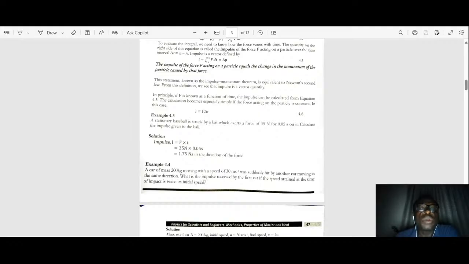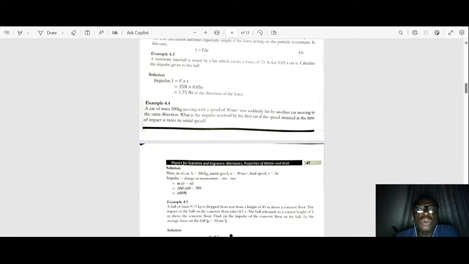So there are certain things I want you to have at your fingertips. So look at your example 4.4. Example 4.4.